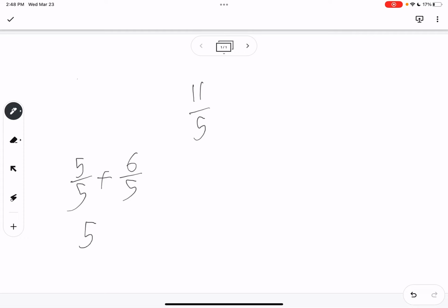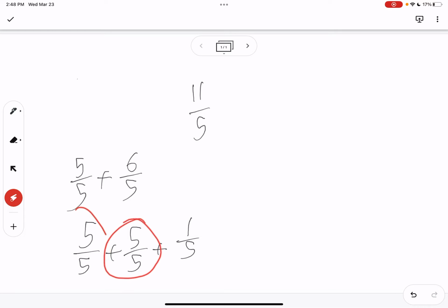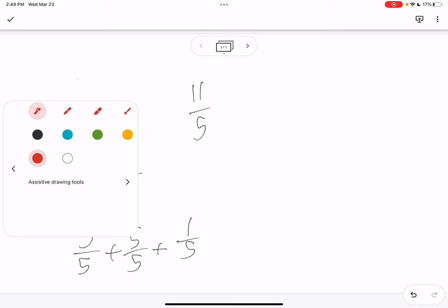That leaves me with 5 over 5 plus 5 over 5 plus 1 over 5. So I pulled out 2 whole fractions, which means 11 over 5 has 2 whole fractions in it.